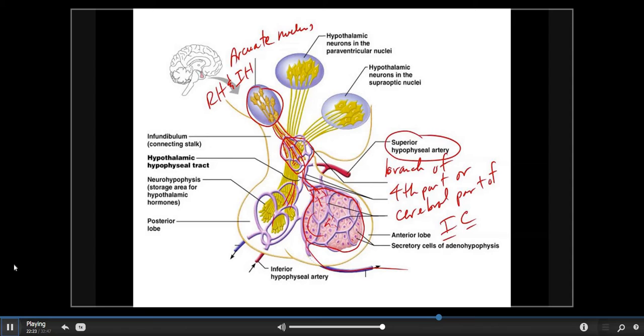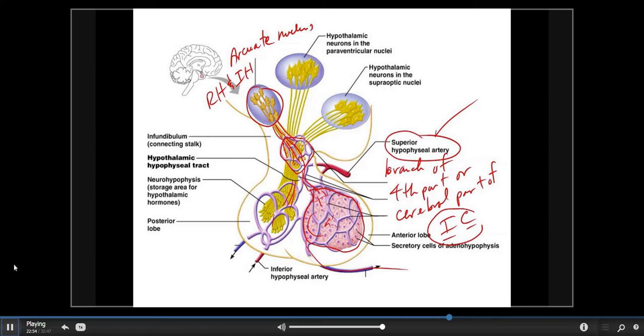You have a cervical part, then you have a part that turns, the petrous part, part 2. Part 3 is the cavernous part going up. Part 4 is the cerebral part that gives off branches of several blood vessels. I'll address more of those when I get to the discussion on the intracranial blood flow, but the superior hypophyseal artery is a branch of that fourth part of the internal carotid artery. It supplies blood to the pituitary gland.